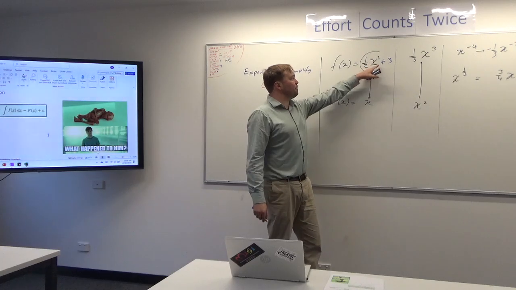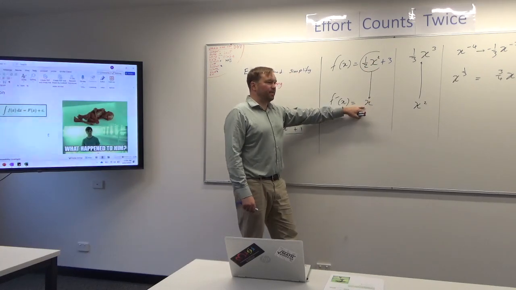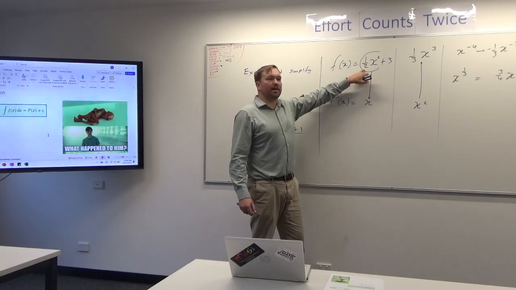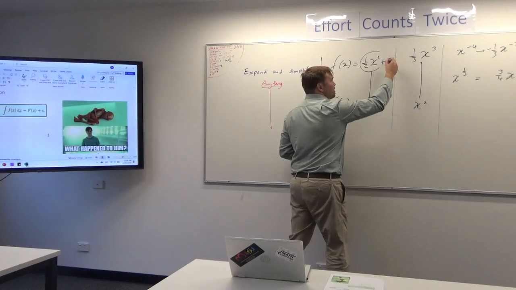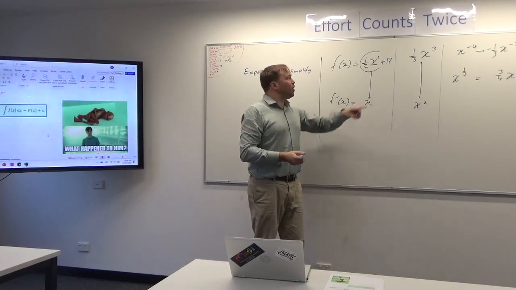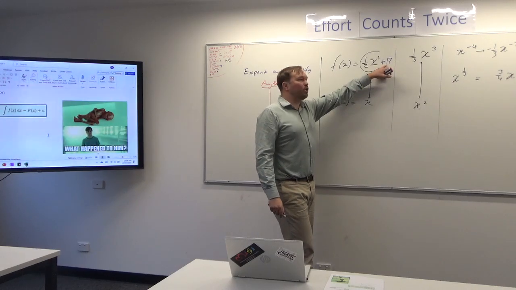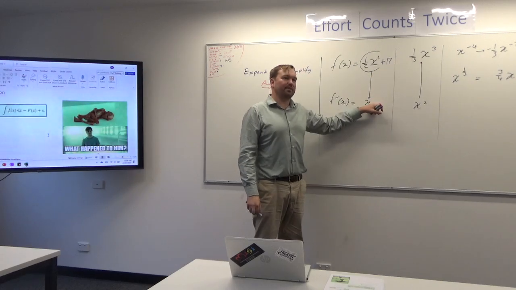So a half x squared plus 3 gets me x. So if you're told you've got the function x, please integrate it, the function it came from could have been a half x squared plus 3. It could have been a half x squared plus 7 or 17. The constant there doesn't really matter, but it could easily be any constant because it will differentiate out to nothing.